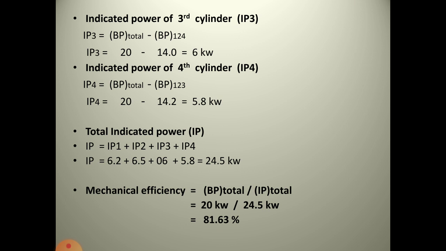In the last lecture we studied the Moore test, and in today's lecture we covered one problem on it, and here we calculated one more thing, the mechanical efficiency, which is the ratio of total brake power to the total indicated power.